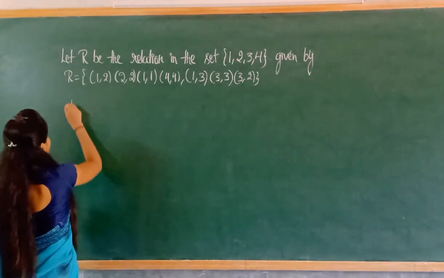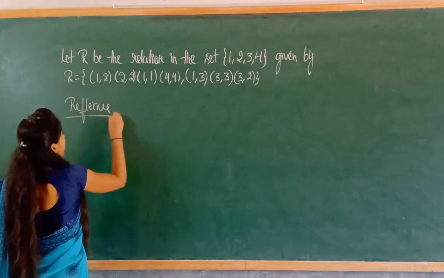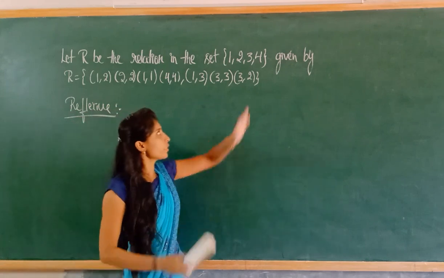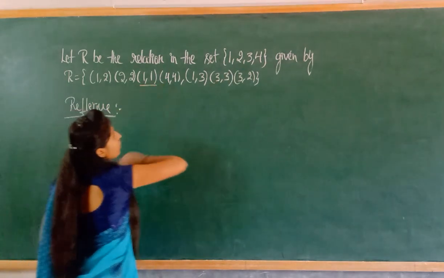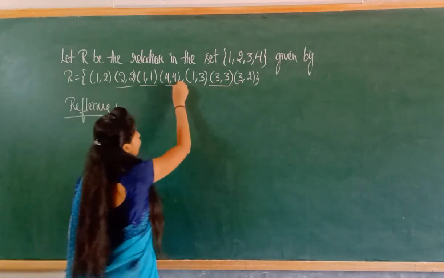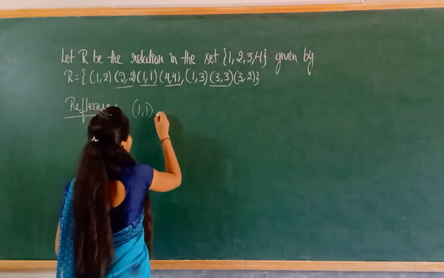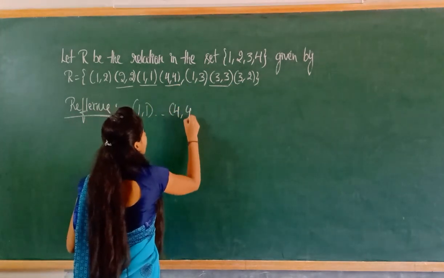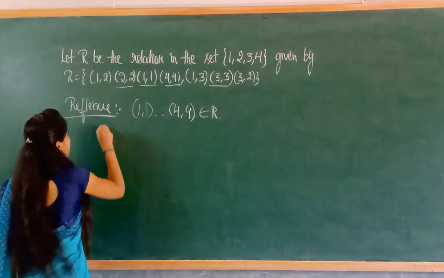See, for reflexive, all the elements of the set have double pairs, right? See here, (1,1) is there, (2,2) is there, (3,3) is there, then (4,4) is also in the set. So (1,1), (4,4) belongs to R. Therefore, the given relation is what? Reflexive.